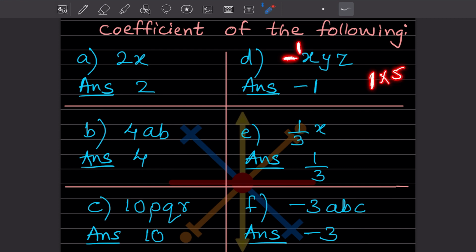So we usually don't write the 1. Anything multiplied by 1, 1 into x, is going to be x. So here, with the negative sign, the coefficient is negative 1. This is important, okay? Now, 1 by 3x, the coefficient is 1 by 3. Again, for ABC, the coefficient is minus 3.